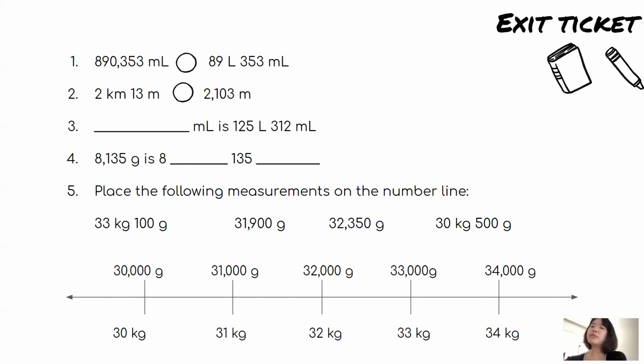So for the first one, we have 890,353 millimeters compared to 89 liters 353 millimeters.